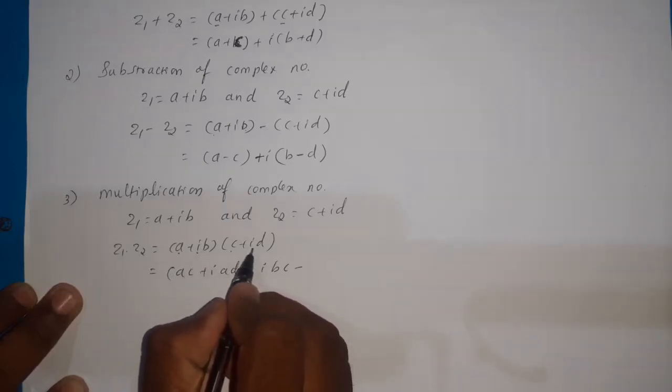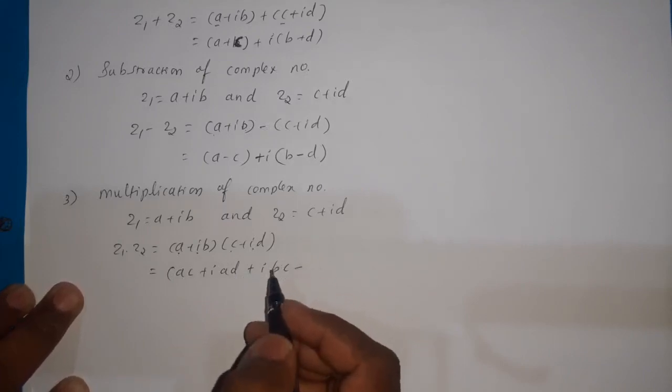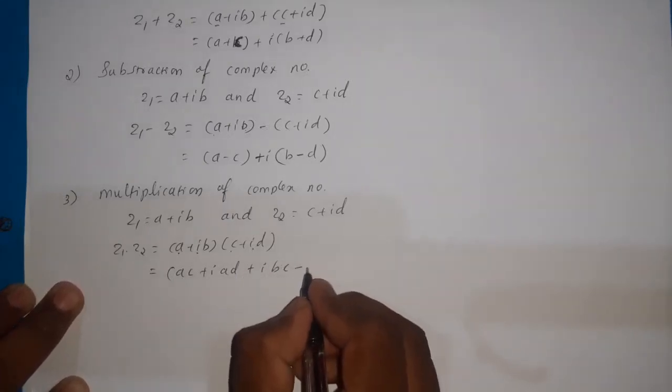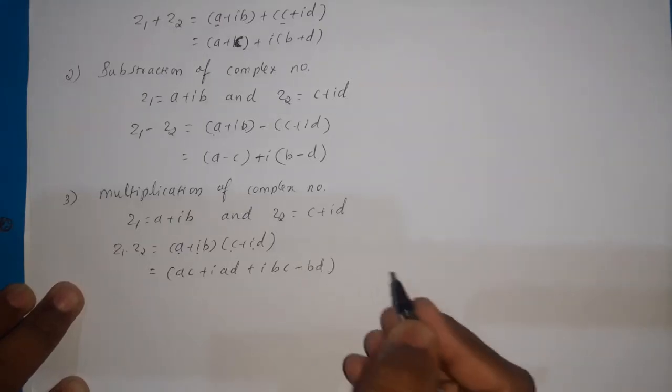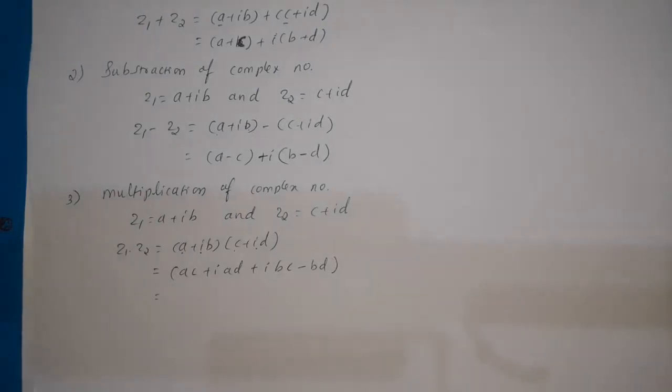We know that i is equal to square root of minus 1, so the square of that square root of minus 1 becomes only minus 1, so it is minus bd. Now the term which is multiplied by i is called the imaginary part, and the term which is not multiplied by i is the real part.